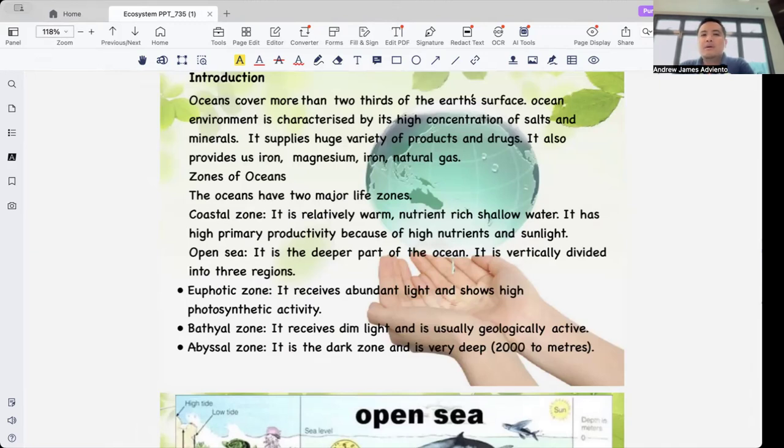And the last one is what we call the abyssal zone. So this is the dark, cold, and high pressure zone at the bottom of the sea. Temperatures are nearly freezing here, but life still thrives. There are animals like tube worms, deep sea crabs, and bacteria that feed on detritus or chemosynthetic nutrients near hydrothermal vents.